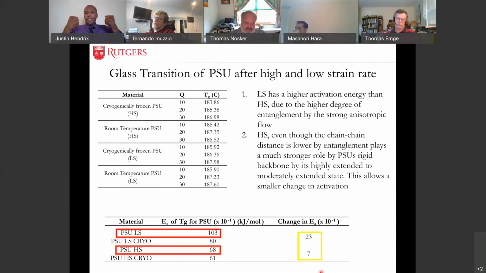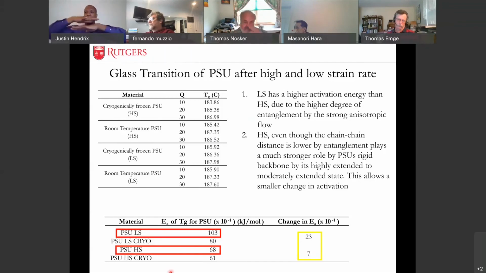Now, for the high shear, because the change is smaller, it's like an extended rubber band that is only allowed to relax very little. But for the one that's under low shear, it's extended fully, and then it's allowed to relax all the way. So you get an idea that under low shear, it's not deforming the polymer that much, as well as the fact that because the activation energy is small, the entanglement density is small, right?